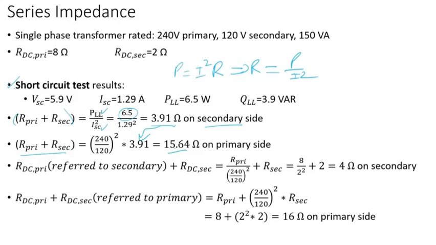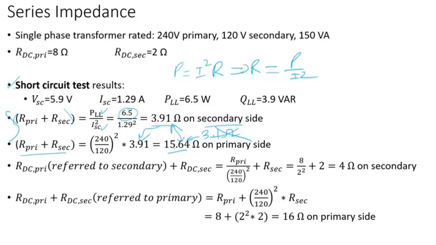The primary side typically will be larger than the secondary side. So that's one indication. If you get, say, hypothetically speaking, I made the calculation and I got 3.1 ohms, I know something is wrong. The primary typically should have a higher resistance than the secondary side.